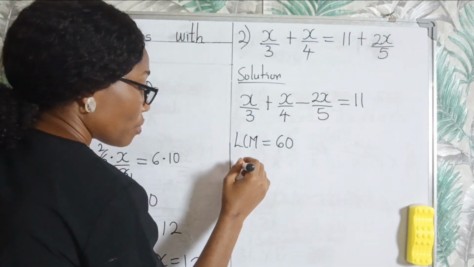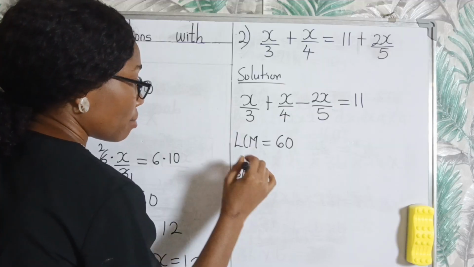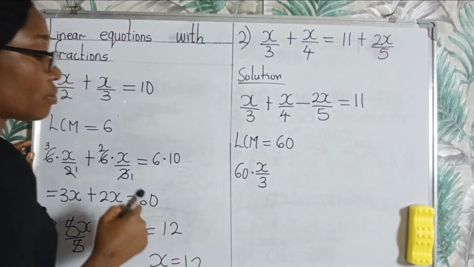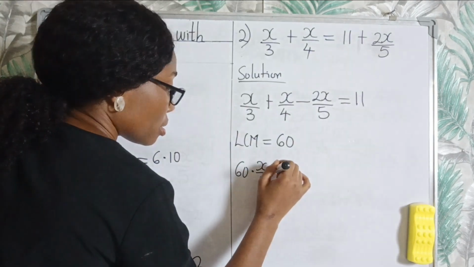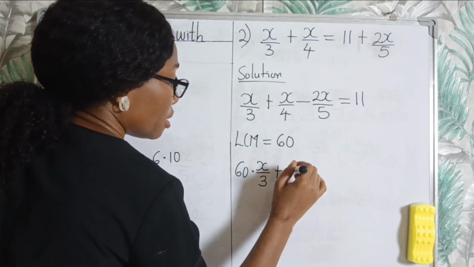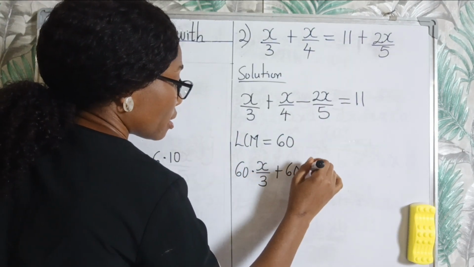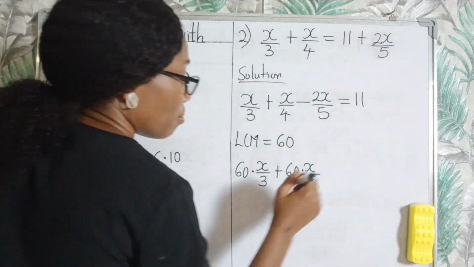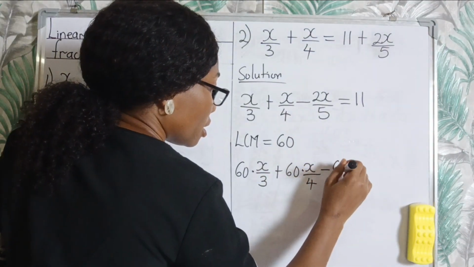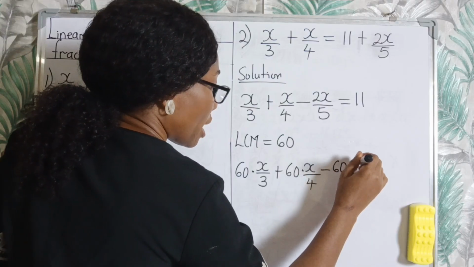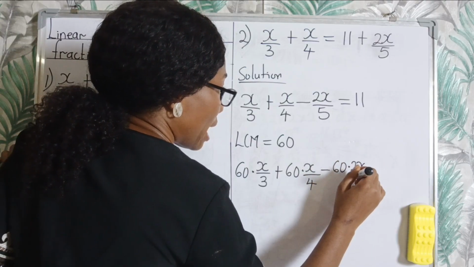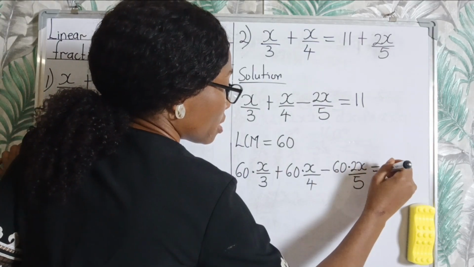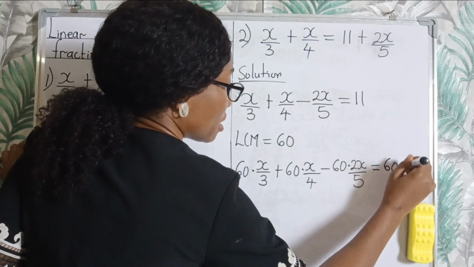So we're going to have 60 times x divided by 3, okay, plus 60 times x divided by 4 minus 60 times 2x divided by 5, and this is equal to 60 times 11.